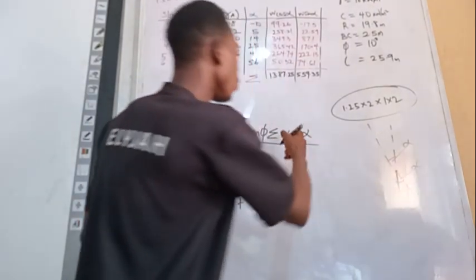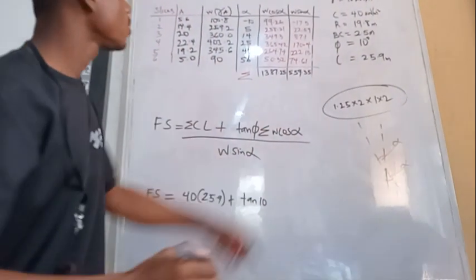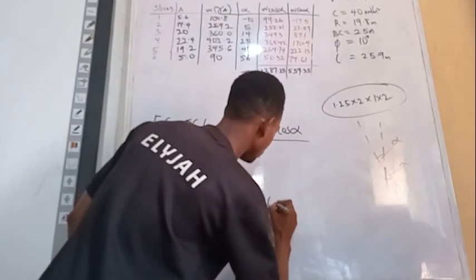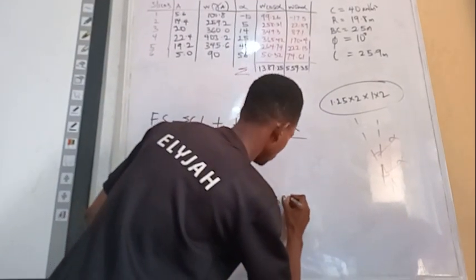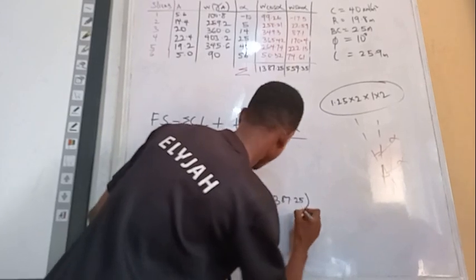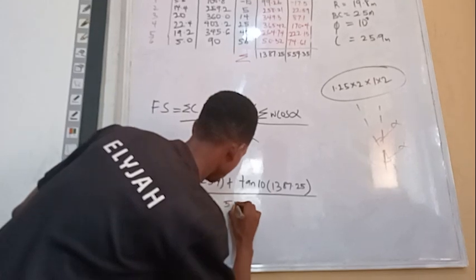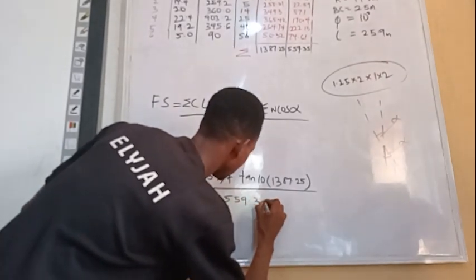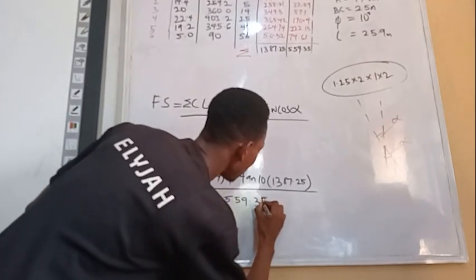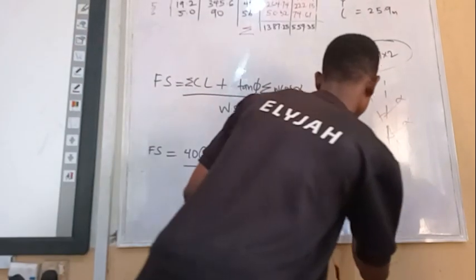What is our summation W cos alpha? 1387.25. All over 559.35. And our final answer is 2 point what?